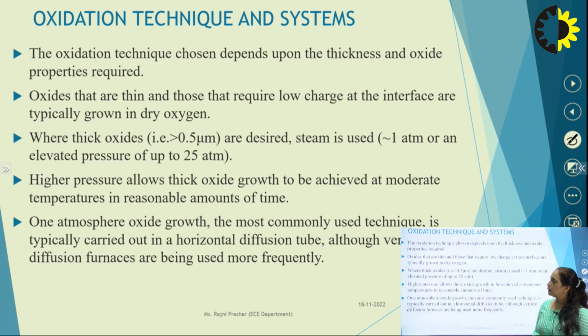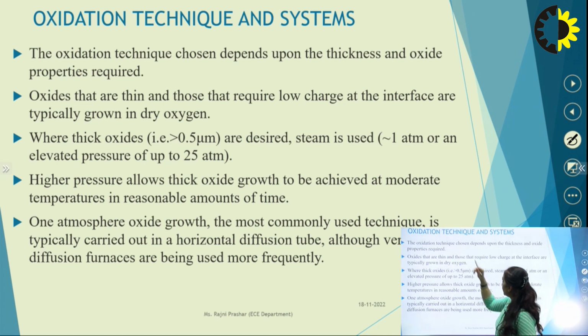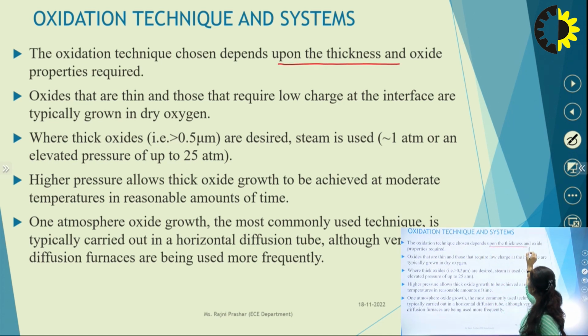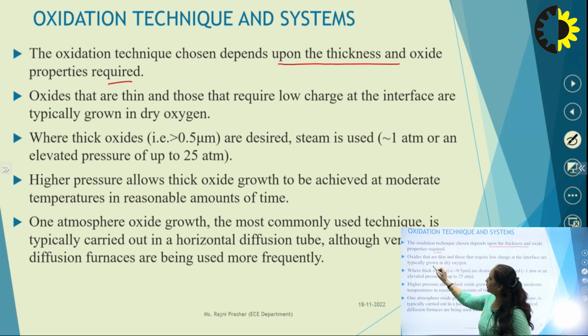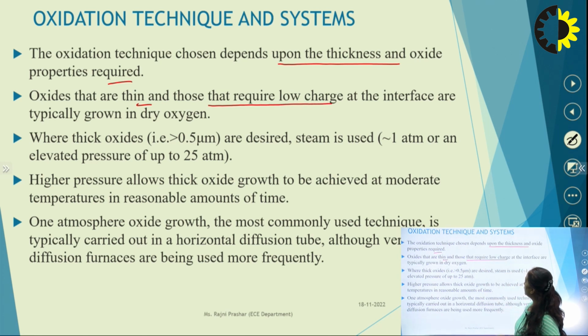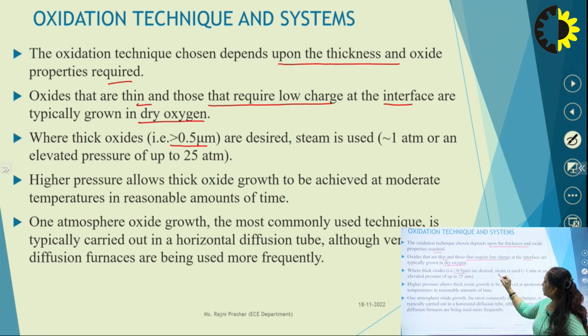So under this technique, the oxidation technique chosen depends upon the thickness and the oxide properties required. Okay, oxides that are thin and that require a very low charge at the interface are typically grown in the presence of dry oxygen, and where the thickness is greater than 0.5 micrometer, steam is used and it is carried out as in wet oxidation.